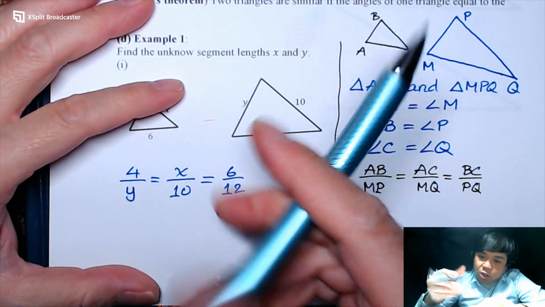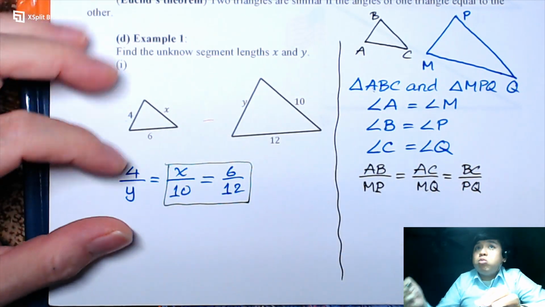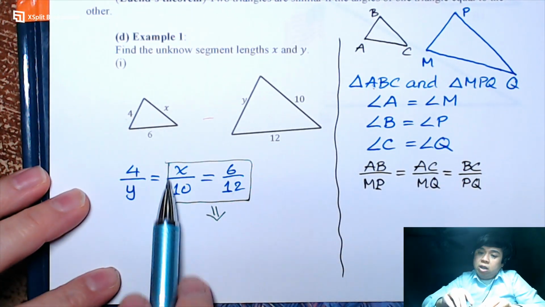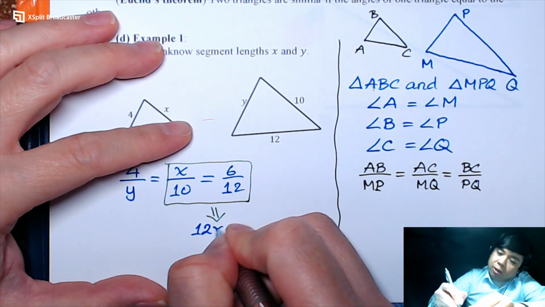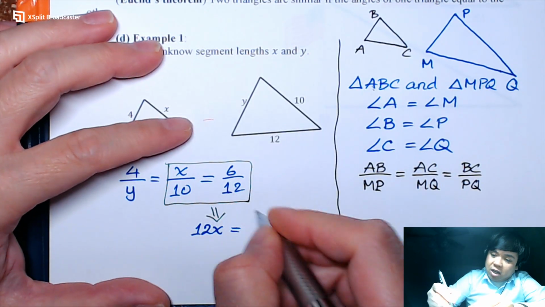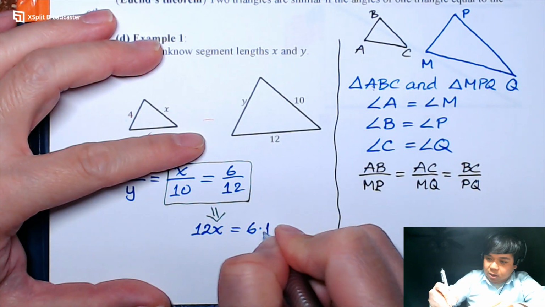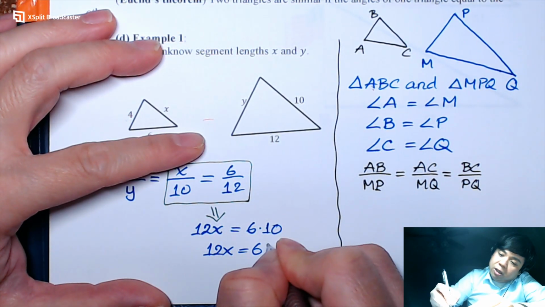If I take these two ratios and cross multiply, we solve for x. So cross multiply, 12x equal to 6 times 10, and that's 60. So 12x is 60.